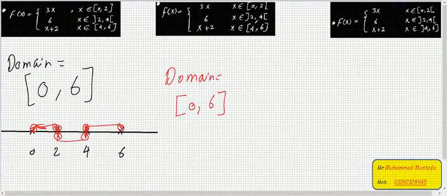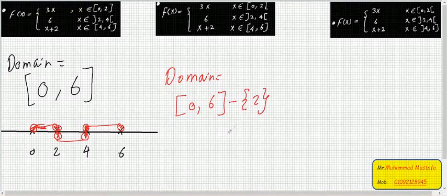We notice that 2 doesn't belong to the domain in this interval and also in this interval. That means that 2 doesn't belong to the domain. Then the domain of the function is all real numbers from 0 to 6 except the number 2.